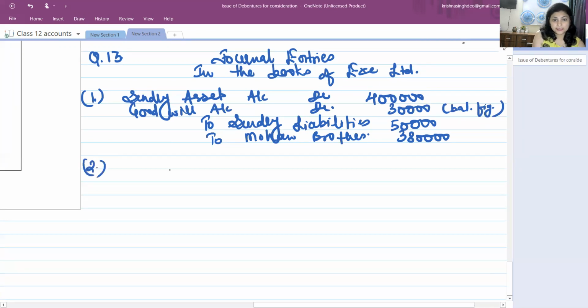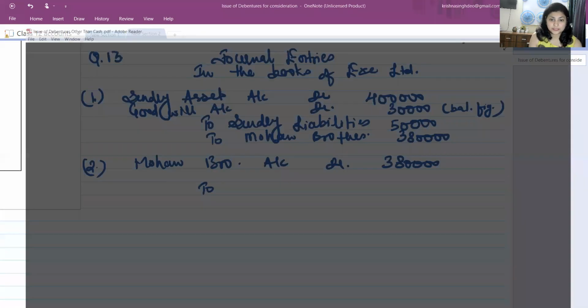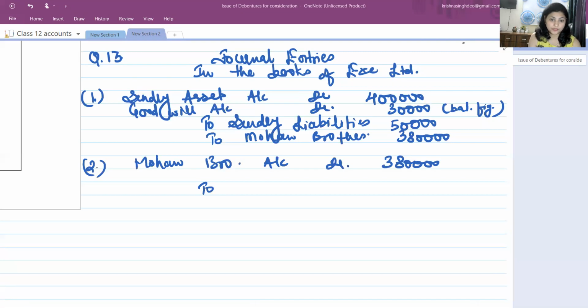For the second entry, this is going to be Mohan Brothers account debit for the purchase consideration of 3,80,000, to percentage debenture. No percentage is given, so we'll simply write percentage debenture.